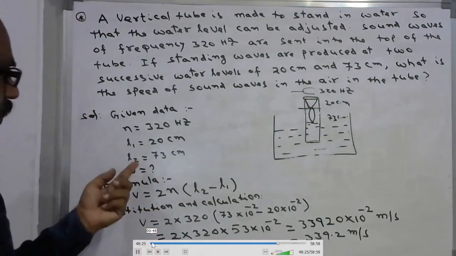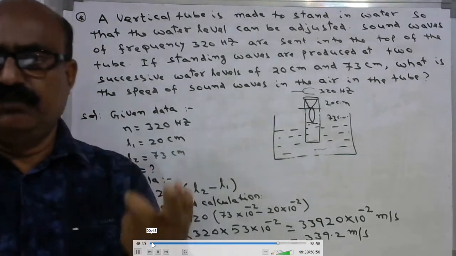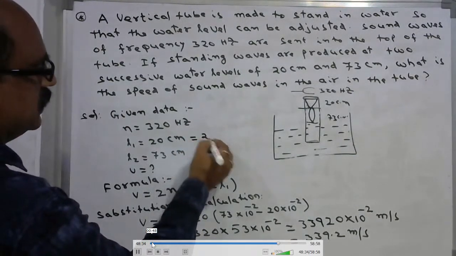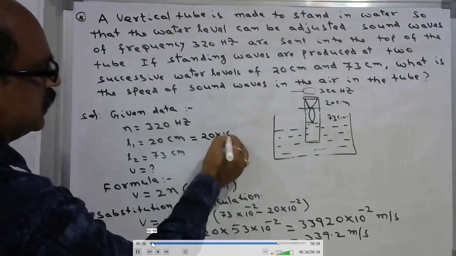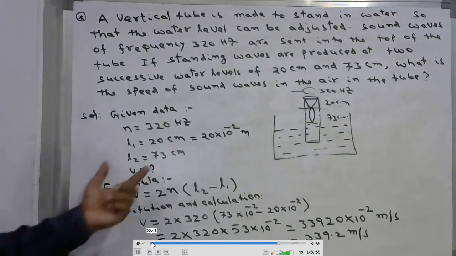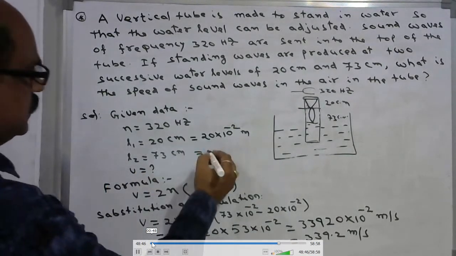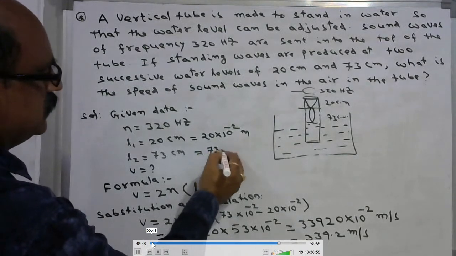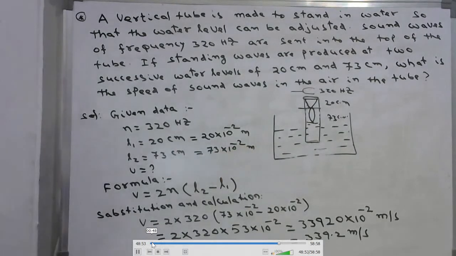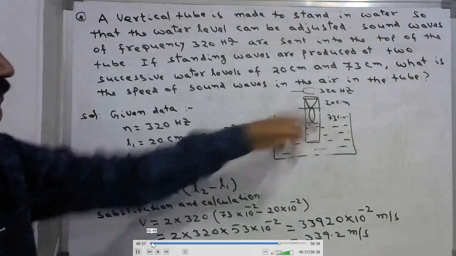L1 is given in centimeters, but we have to convert it into meters, so it can be written as 20 into 10 power of minus 2 meters. Again the second length, converted into meters, is 73 into 10 power of minus 2 meters. Then we have to determine the speed of sound in the air column.